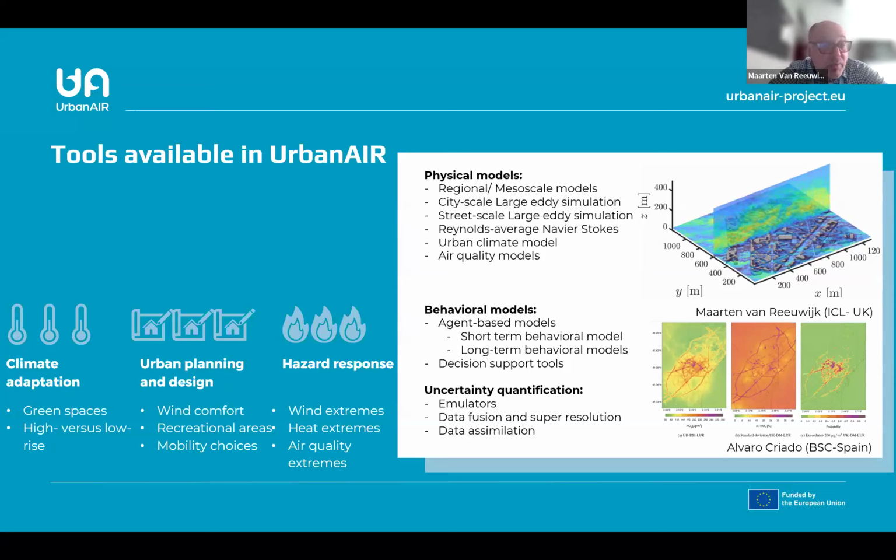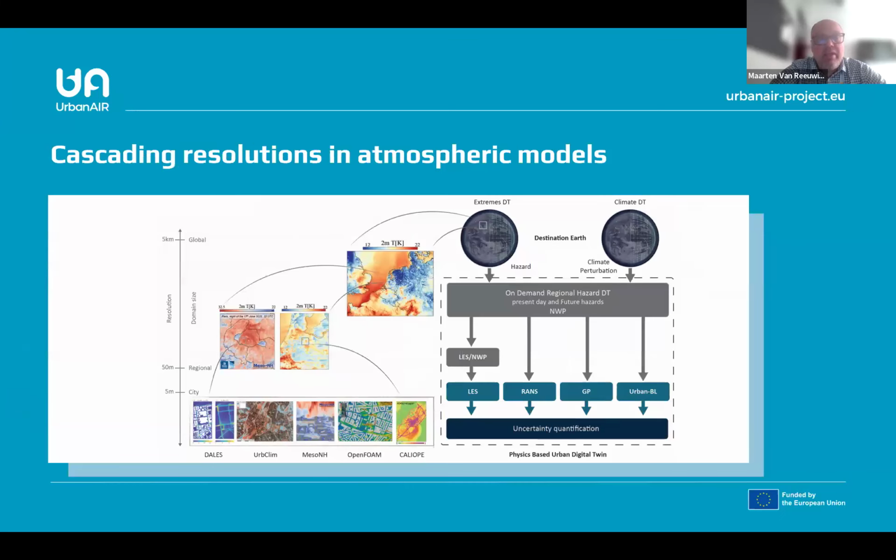In this category, we also put emulators, right? So how do we make our predictions fast enough? And we look at data fusion and super resolution, as well as data assimilation. Here is an example of our downscaling strategy. I already mentioned it in words earlier. Here we've got the two digital twins that form part of Destination Earth on the right-hand side.